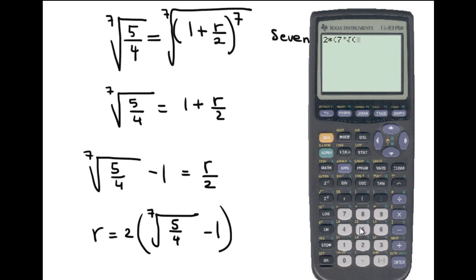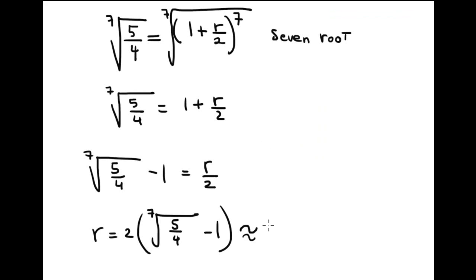Open parentheses, 5 divided by 4, close the parenthesis, minus 1, close another parenthesis, and press enter. Okay, now this is the answer in decimal. However, I want a percentage, so multiply by 100. The answer, rounded to two decimal places, is 6.48%.